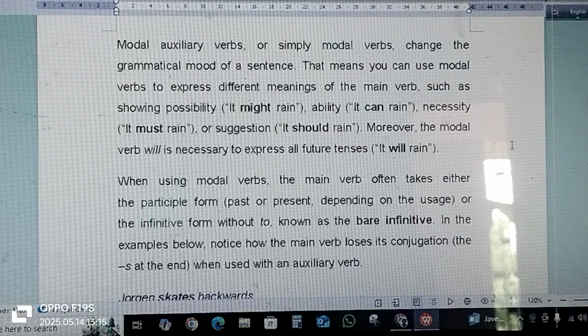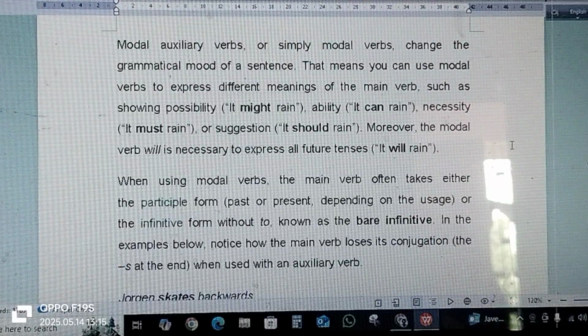When using modal verbs, the main verb often takes either the participle form, which may be the past participle or present perfect participle depending on the use, or the infinitive form without to, known as the bare infinitive.